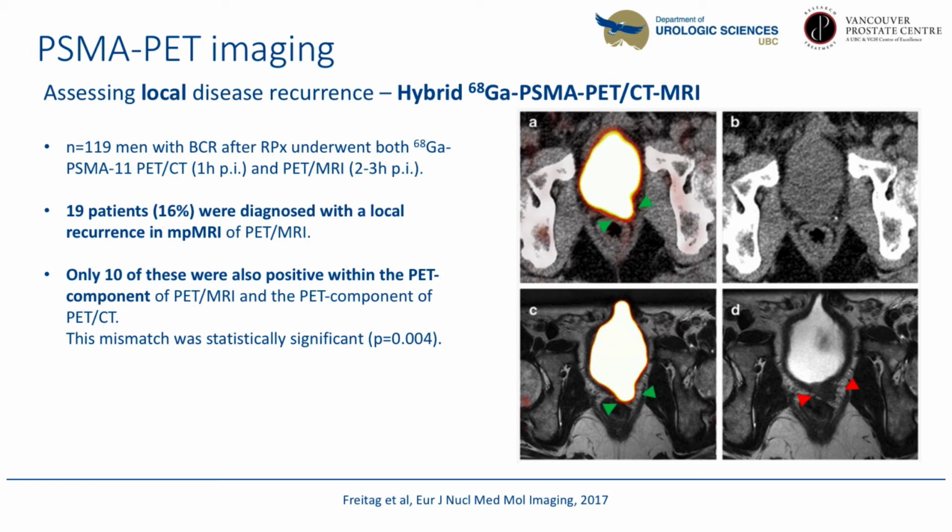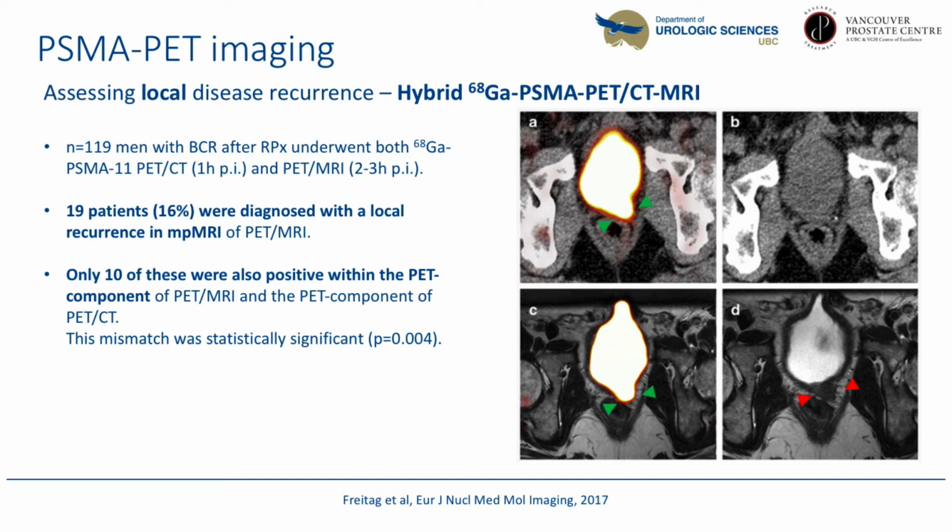Further down, further caudal, the problem is not that big. So of course it's important to look at the location of local recurrence. And of course, this is the data for local recurrence. There are also the lymph nodes out there.